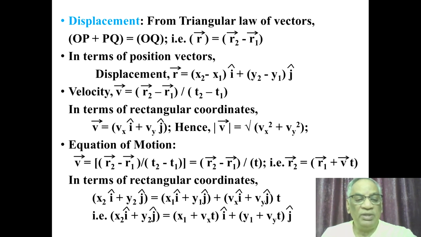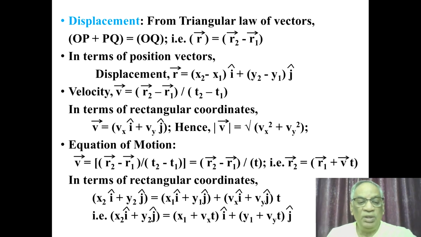That is x2 i plus y2 j, that is the final position, is given by x1 plus vx t i bar plus y1 plus vy t j bar. That is the position of the object at time t2 with reference to the position at time t1 and the velocity component.